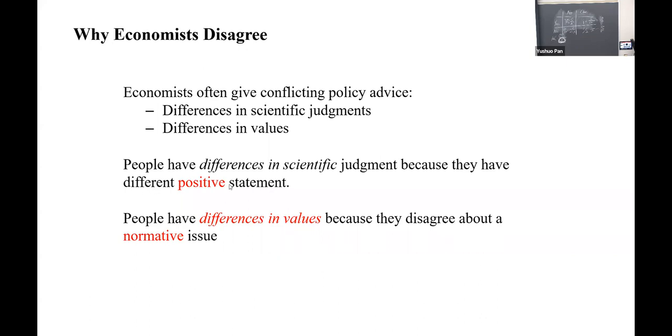People have differences in scientific judgment because they have different positive statements. That's positive. If people have differences in values just based on opinions, you cannot test it. You cannot tell which one is correct. Then it's the normative issue.